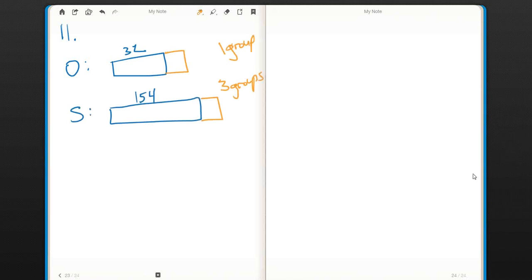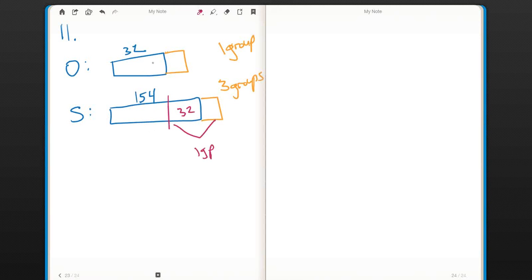Okay, now, hopefully by now, it's the 3rd time in a row we've had this similar kind of problem. If 1 group is 32 plus a green box, then I could cut off 32 of these, and this is 1 group, and what's left will be 2 groups.